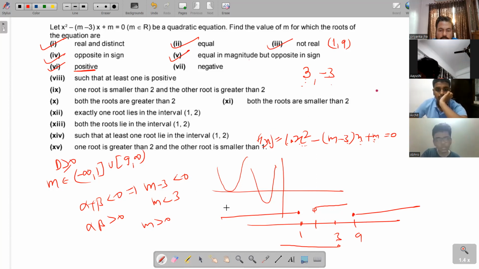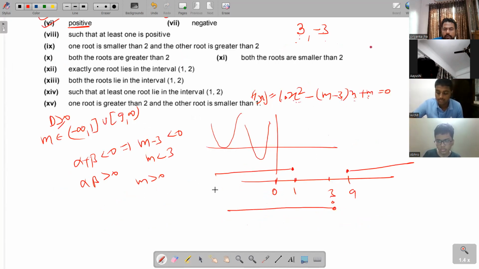One moment, 1 minute. Oh, sorry. 0 is here, na? 0 will be here. So this is less than 3. And here more than 0. So the most common thing would be 0 to 1. Correct? Because now this interval falls in this category as well, in this as well, and in this as well.